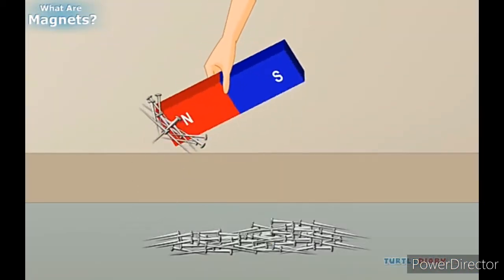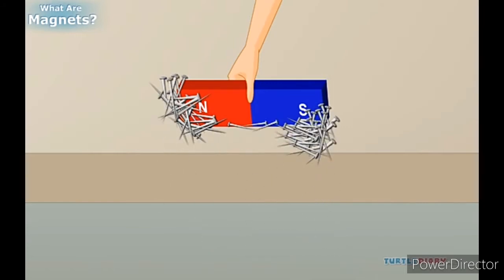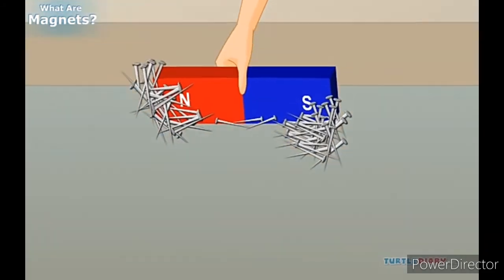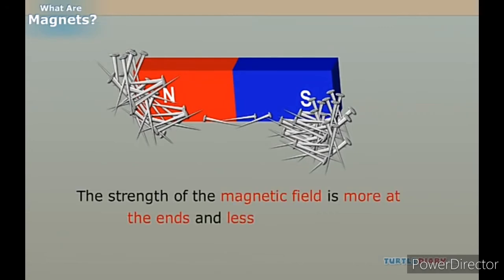Now observe carefully. You can see that more iron filings are attracted to the ends of the magnet, while less iron filings are attracted to its middle. This shows that strength of this magnetic field is more at the ends and less at its center.